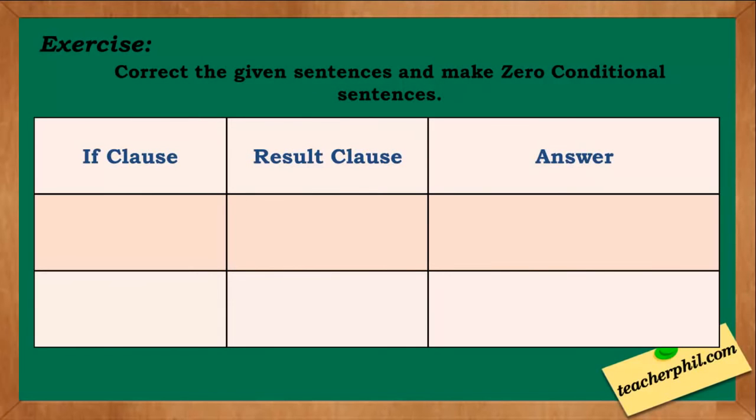For our exercise, correct the given sentences and make zero conditional sentences. The first one, if I won't wake up at 7 a.m., I will be late for school.